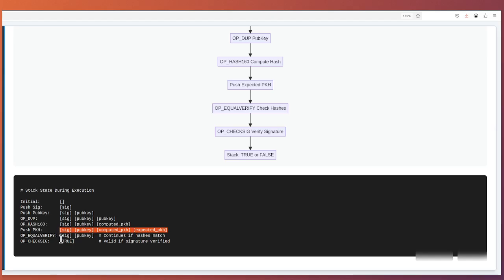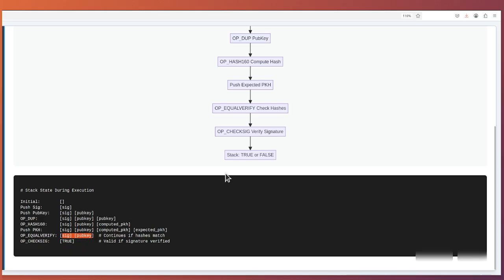If they are not equal, the script fails immediately and the transaction is rejected. If they are equal, execution continues, and now only the signature and public key remain on the stack. Finally, OP_CHECKSIG executes. This is the most computationally intensive operation in the script. It pops both the public key and the signature from the stack.